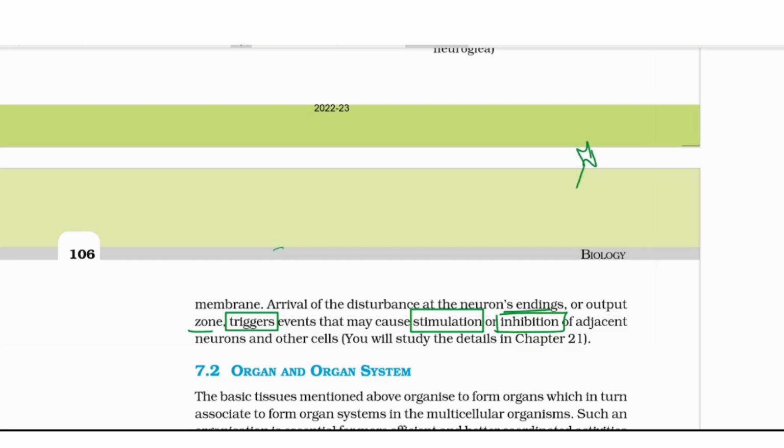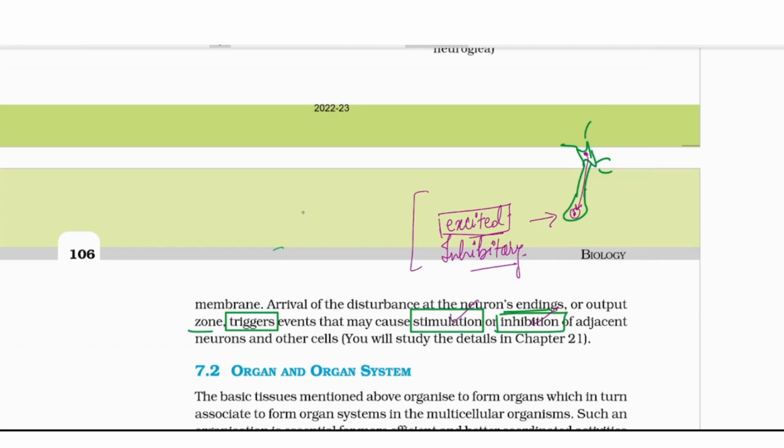For example, we have the neuron axon and the axon terminal, and the signal will come with the help of the dendrite to the cell body, and via the axon it will reach the axon terminal. So that may be stimulation, or it may be inhibition. Inhibition will inhibit whatever process is going on, but excitation means the process will start because of this signal.